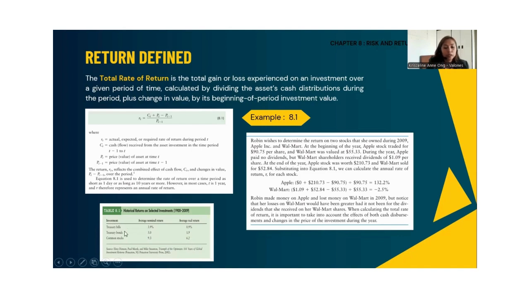Because treasury bills and treasury bonds have a lower risk, therefore they have a lower return. Whereas the common stock has a higher risk, therefore it provides a higher return. There's another example.